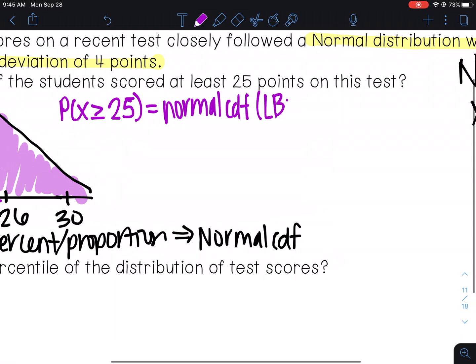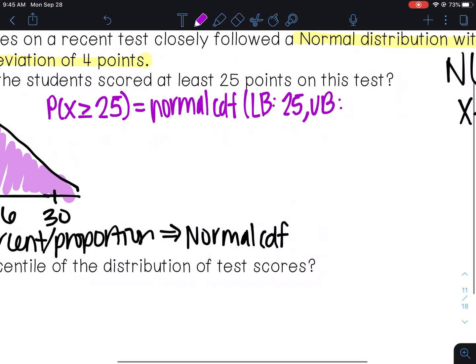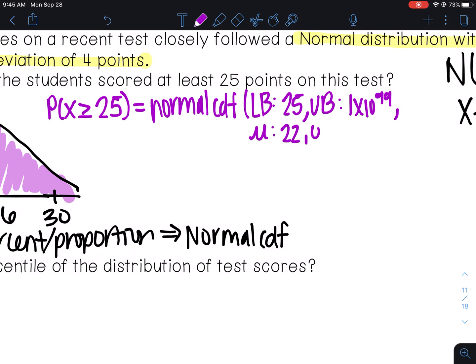Lower bound, this is bounded on the left, that's the left boundary, is going to be 25. Upper bound, that's going to be my right boundary. There is no right boundary, so I'm going to have 1 times 10 to the 99. We want to go as large as possible. My mean will be 22, and my standard deviation will be 4. Plug that into my calculator, and I'm going to get 0.2266.